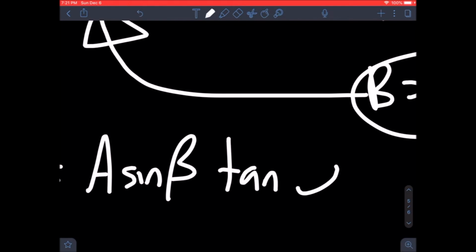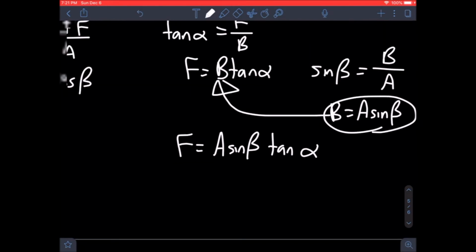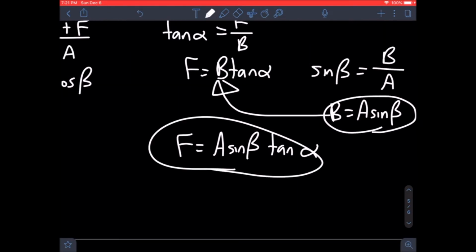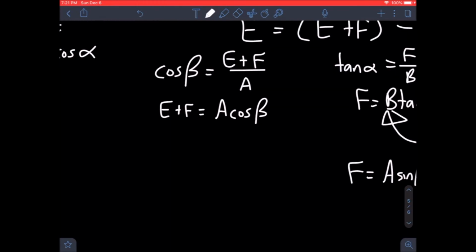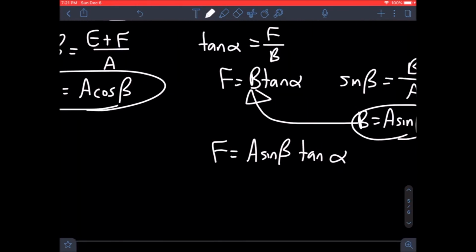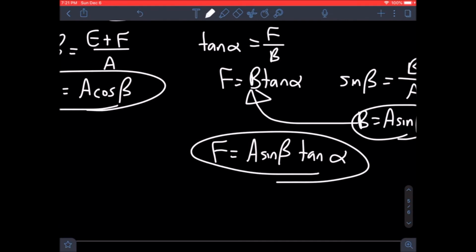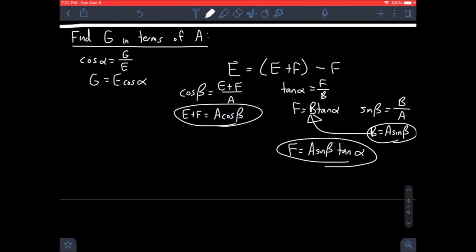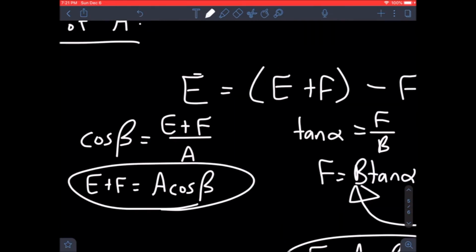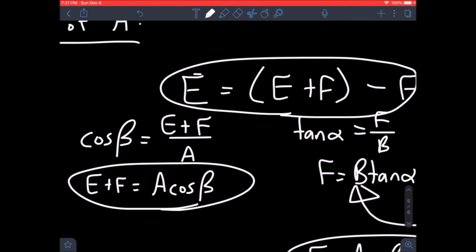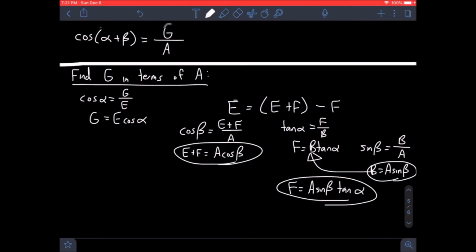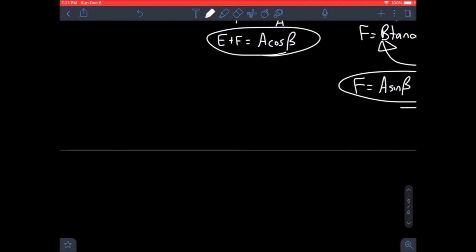So that is basically F in terms of A. So we have found E plus F in terms of A, and we have found F in terms of A. Using those two things, we can now find E in terms of A.